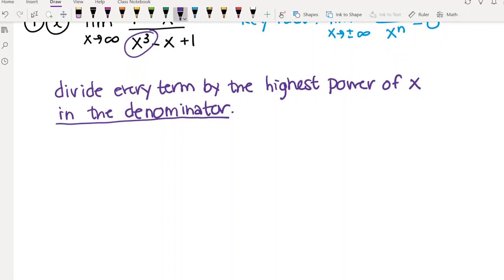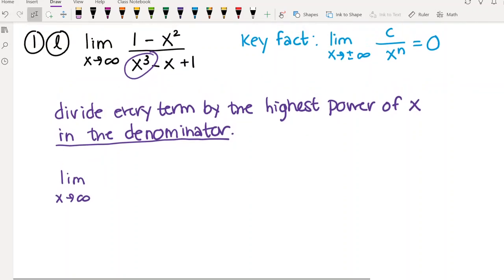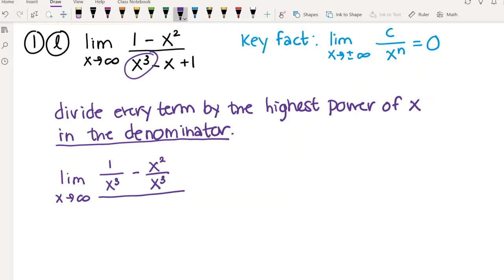So we want to rewrite this limit so that we're just going to go through and divide everything by x cubed. And that's okay because we're doing the same thing to everything in the numerator and everything in the denominator. So we're not changing the function. We're just writing it a different way.